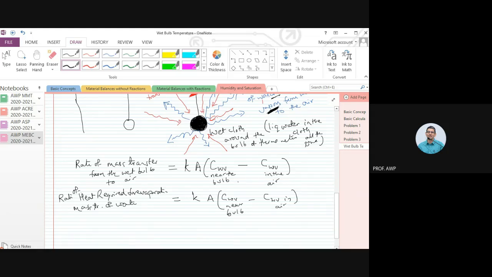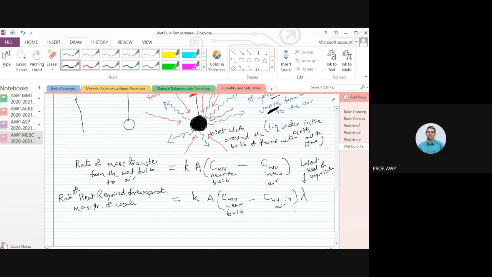This is the amount, rate, kg per second if you like. How will I calculate the heat required? Heat is required corresponding to this much amount of water multiplied by latent heat of vaporization. Do you agree with that?